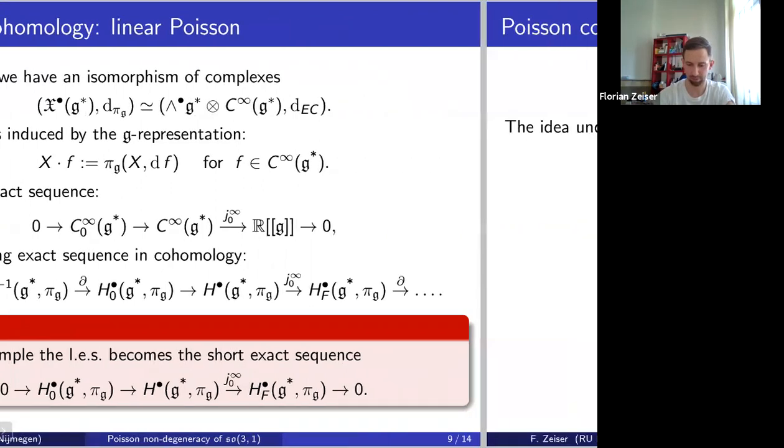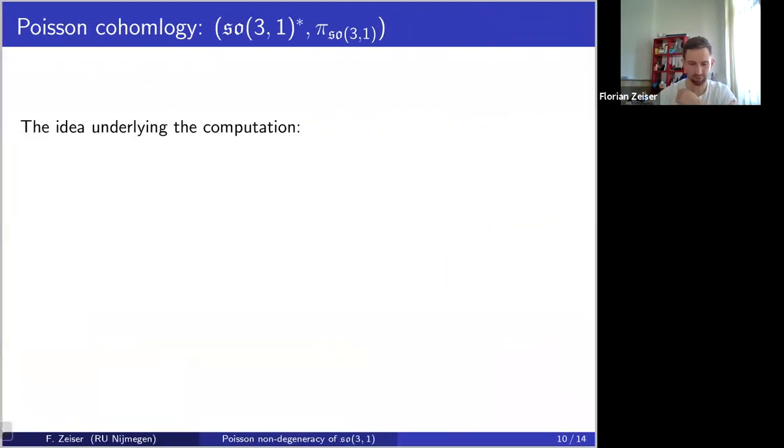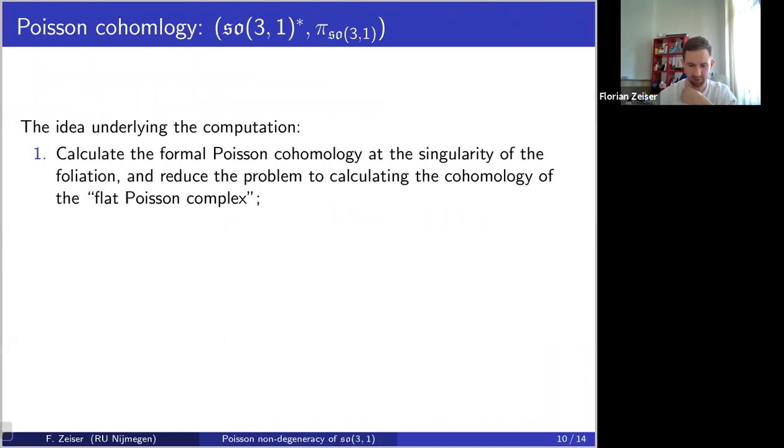For the formal Poisson cohomology, one can use some methods from Lie theory to calculate this. Which leaves us with calculating the flat Poisson cohomology, so the cohomology of the flat Poisson complex. So that's step one.